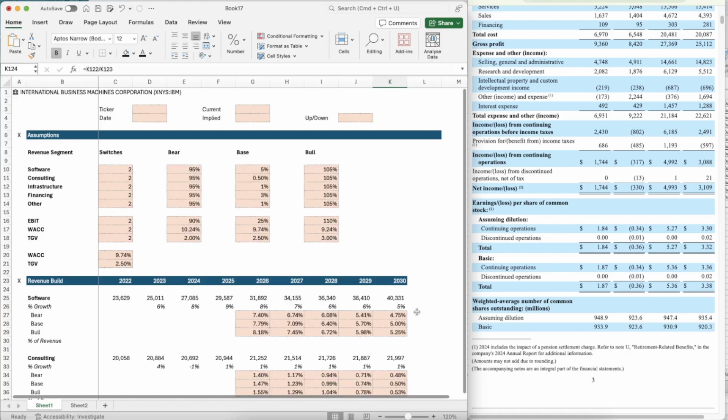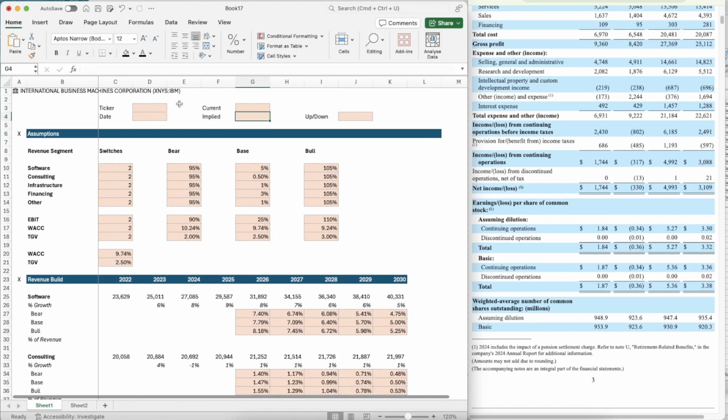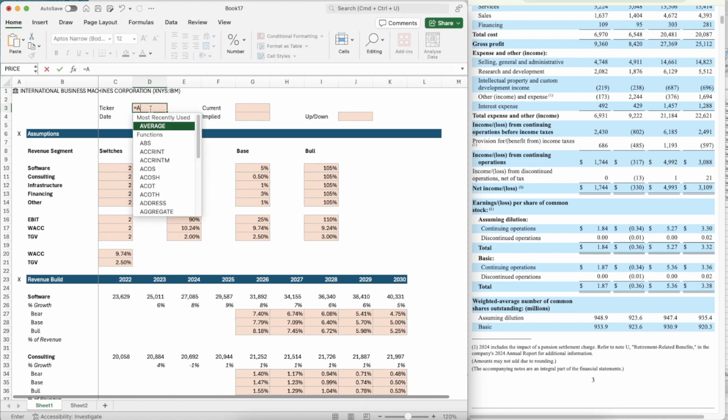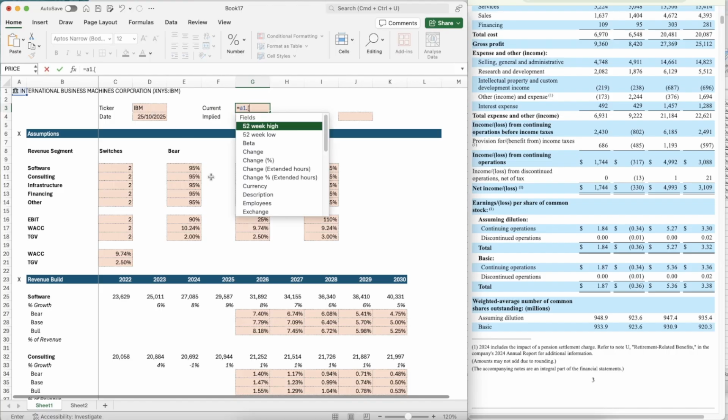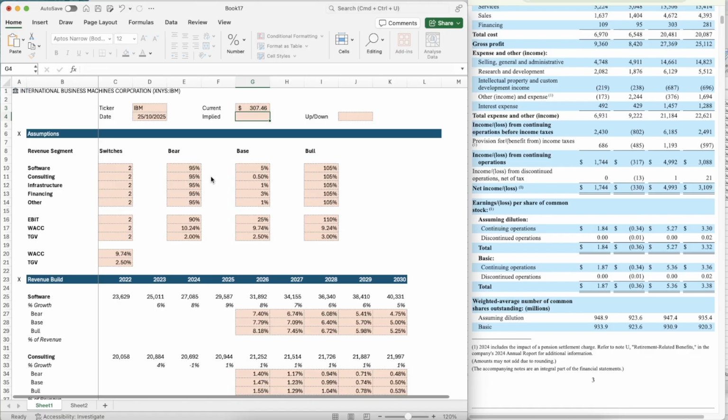Let's plug that back into the top. What's the, K124? Oh, I haven't done any of this, sorry. It was A1 ticker. The date today is the 25th. The current price is equals A1 dot, equals K124.